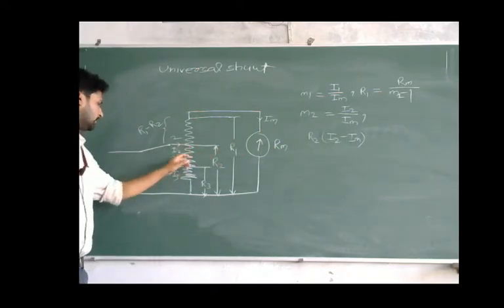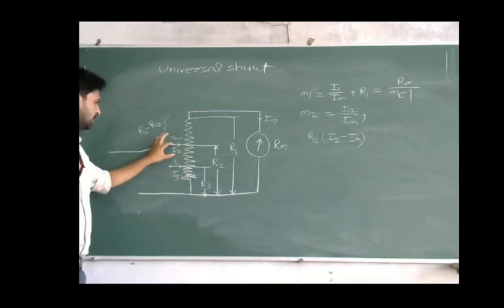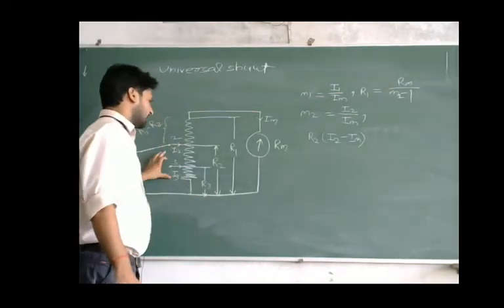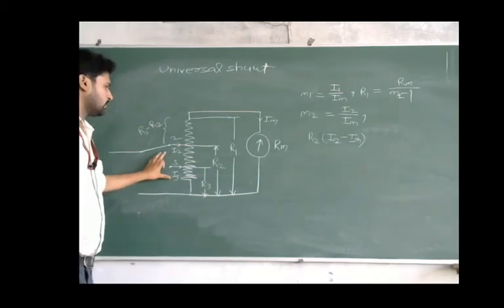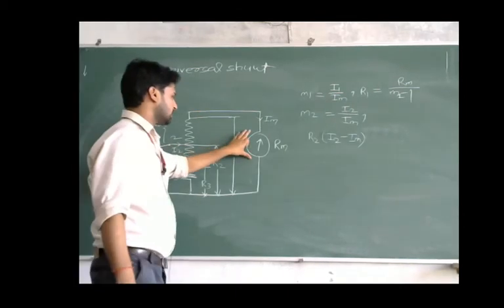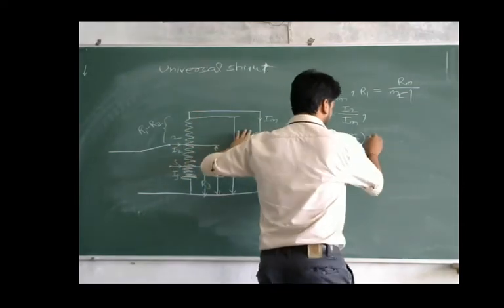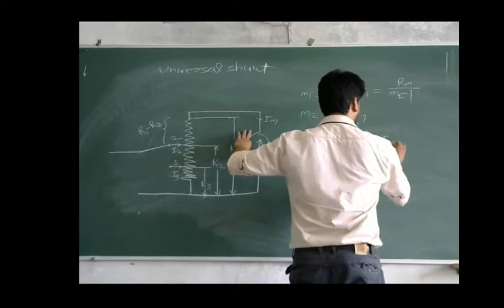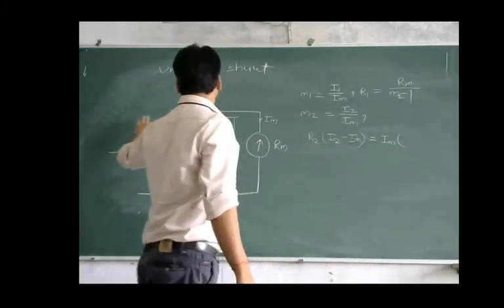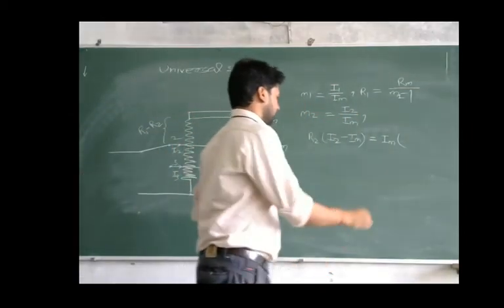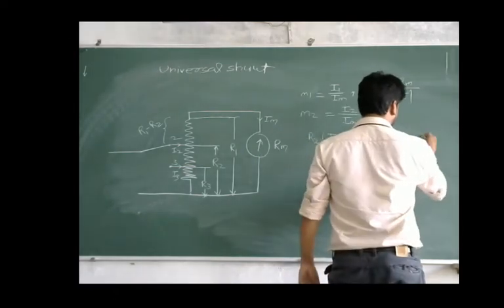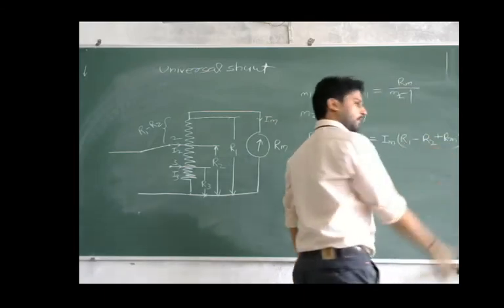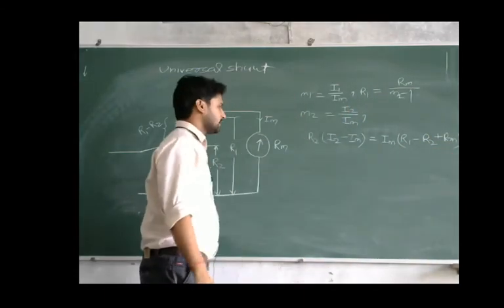So the current which is going through this resistance is I2 minus Im. So the total voltage across this resistance is R2 into I2 minus Im. Total voltage across this PMMC instrument is Im into the total resistance, R1 minus R2 plus Rm.